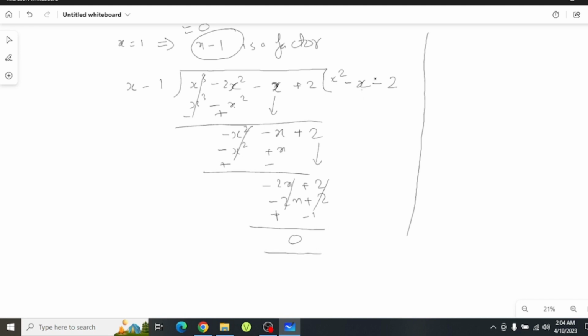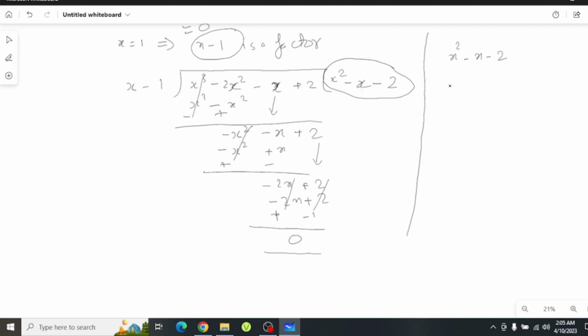Okay, now you can see another factor in the quotient. So now what we have to do to find the answer, we have to factorize this polynomial again, and the method that we will follow is splitting the middle term.